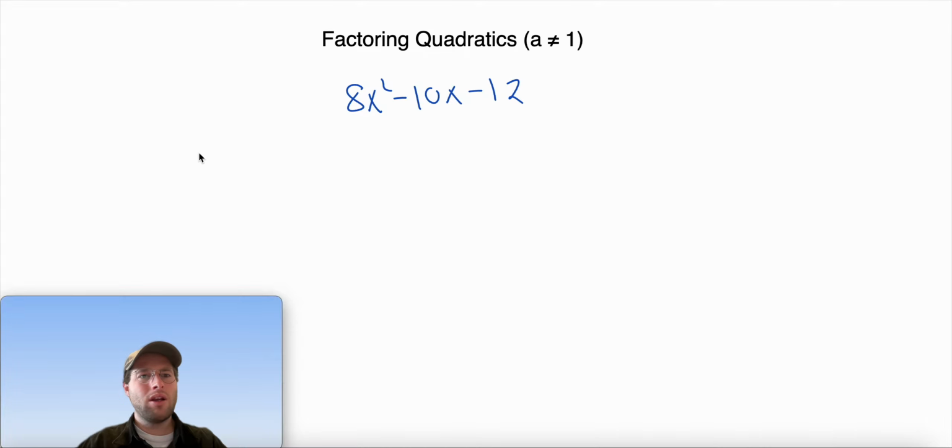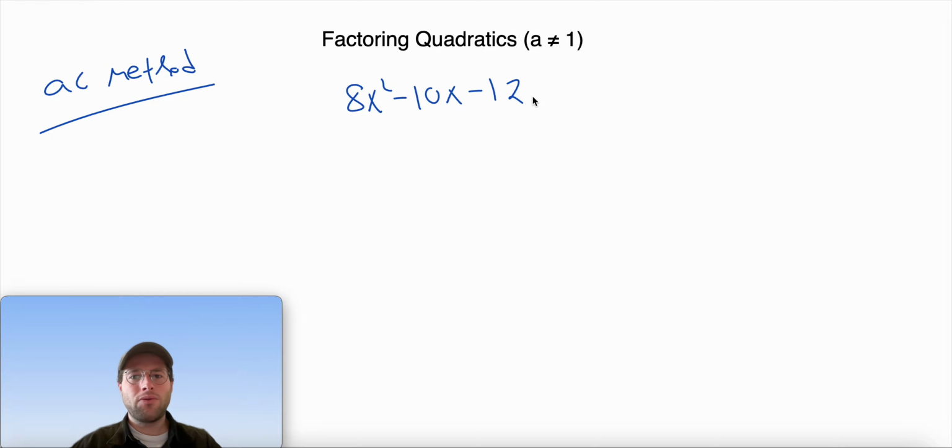And now to see why this is called the AC method, let's look at the general form of a quadratic, which is ax squared plus bx plus c.